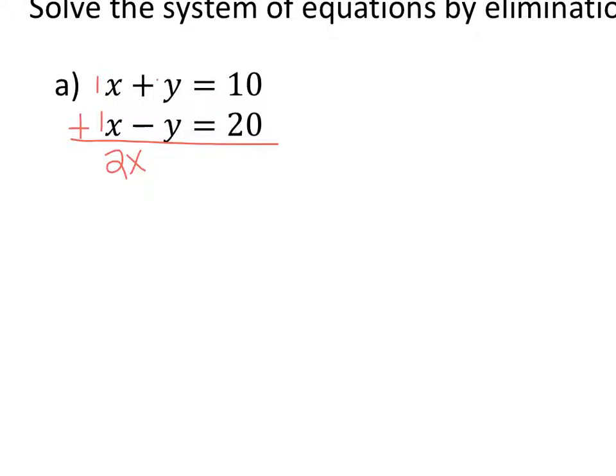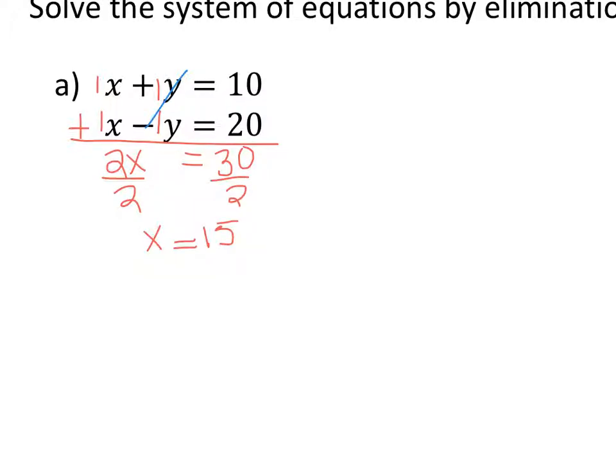Positive 1y minus 1y cancels out. Carry down your equal sign. And 10 plus 20 is 30. Now I'm left with a very simple one-step equation. I'm going to divide by 2 on both sides, and I get x equals 15.